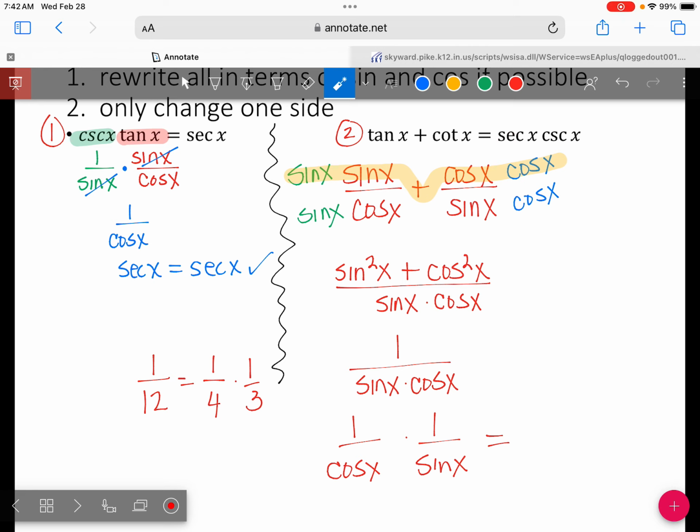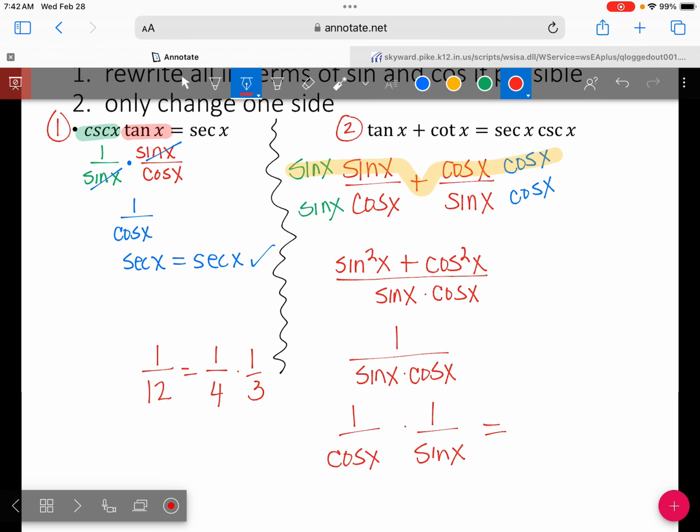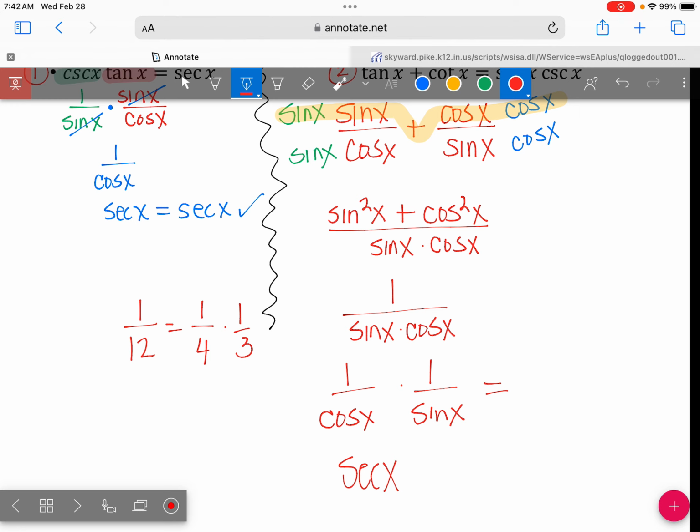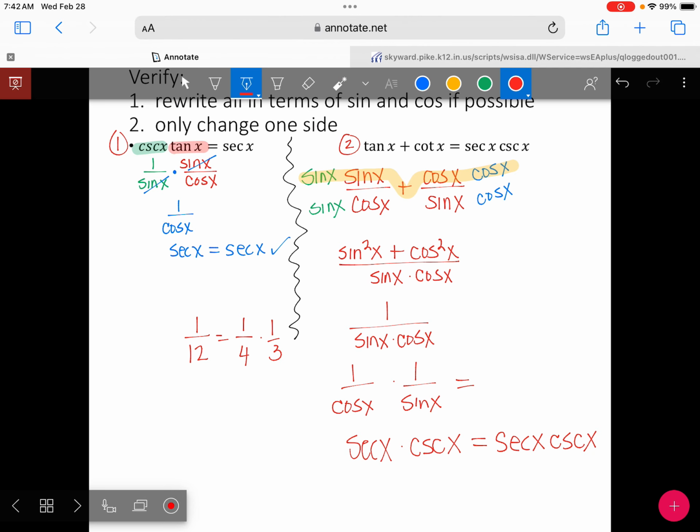So 1 over cosine is secant, and 1 over sine is cosecant. So I did prove that. I made it to the end, and that would be my final answer.